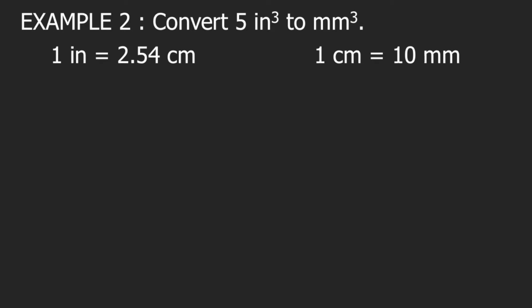Example number 2, convert 5 cubic inches to cubic millimeters, given that 1 inch equals 2.54 cm and 1 cm equals 10 millimeters. So what we can do to answer this example is to convert cubic inches to cubic centimeters to cubic millimeters. The exponent is 3, so we will cube both sides of this equality, same as this equality.